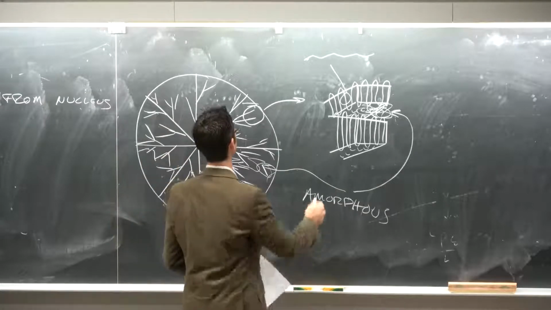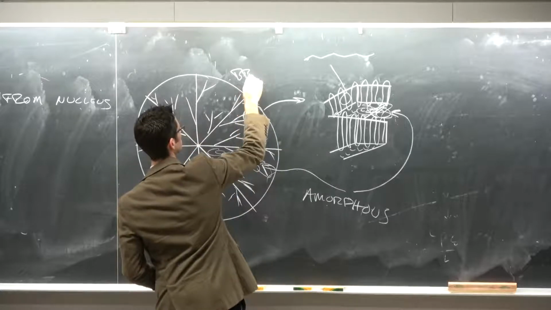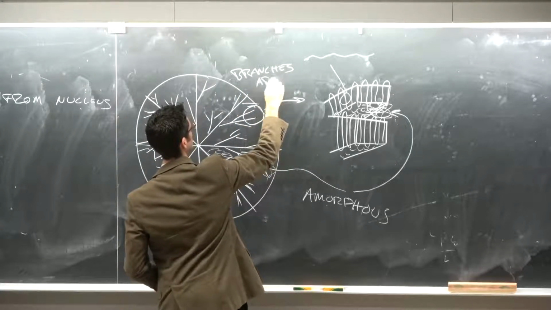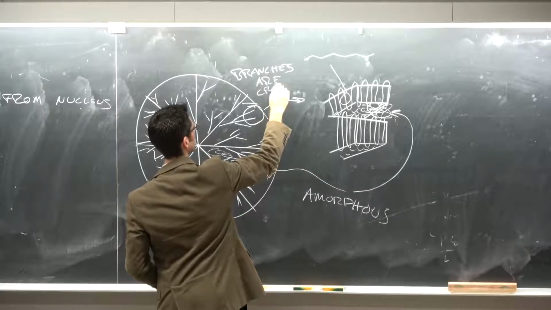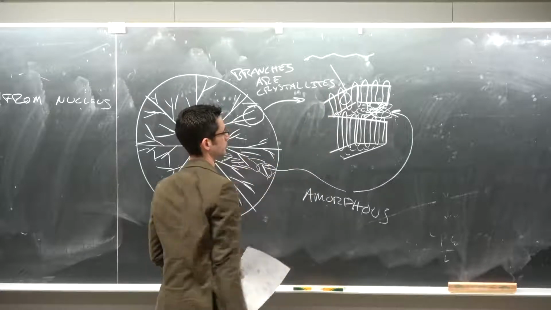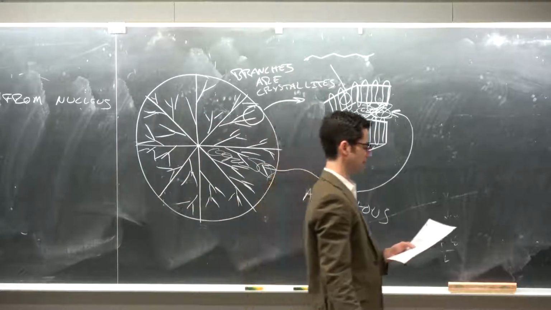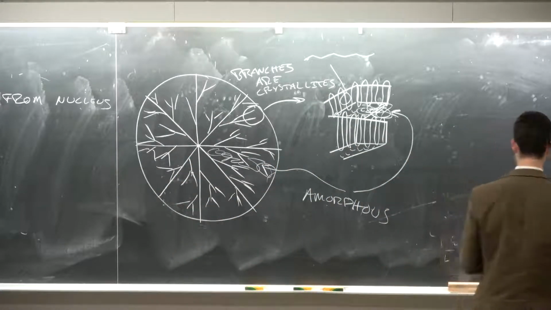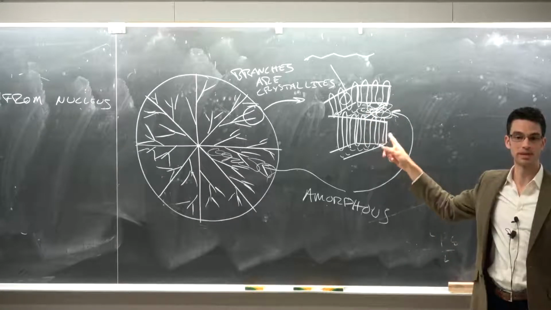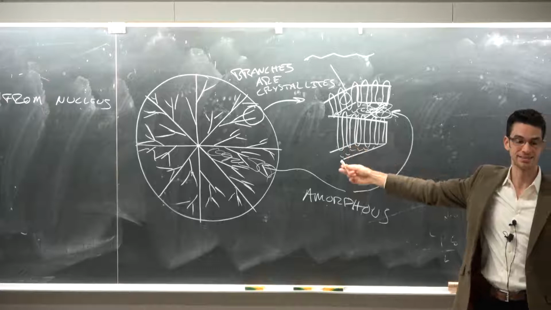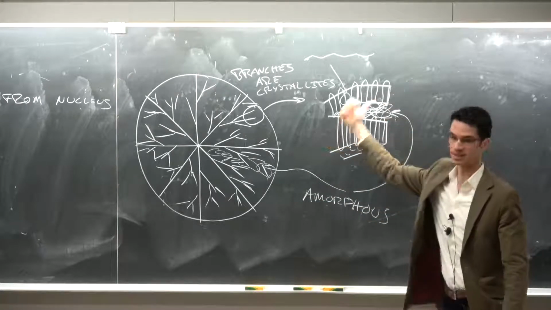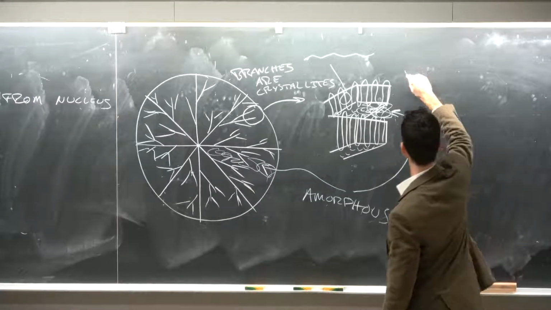And the branches are the crystallites. And you have amorphous stuff in between. Note that the molecular chains are perpendicular to the fiber axis, to this crystallite axis. Polymer chains perpendicular to the axis of the crystallite.